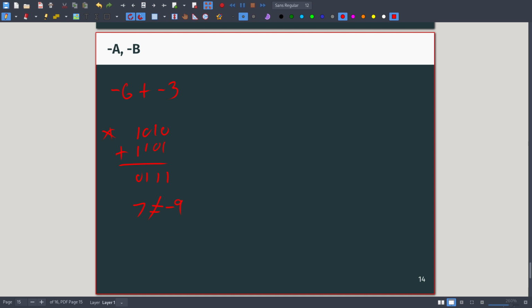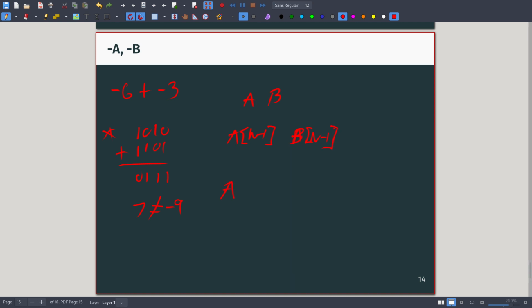But it's the same thing as earlier, where a and b share signs, right? We can agree that the sign of a, which if you just look at the most significant bit, will tell you the sign, and the sign of b, you can get the same signs.